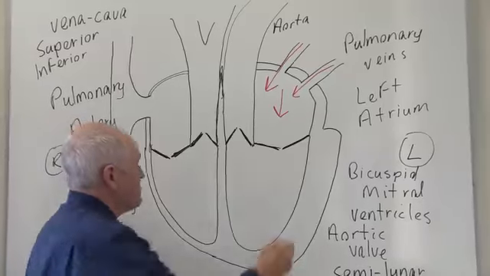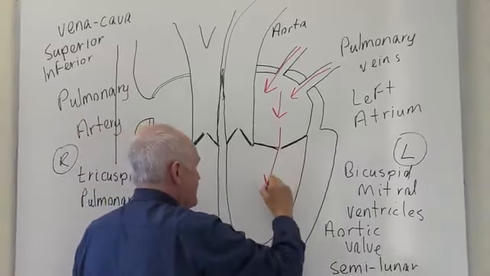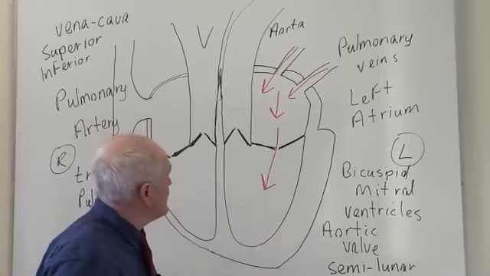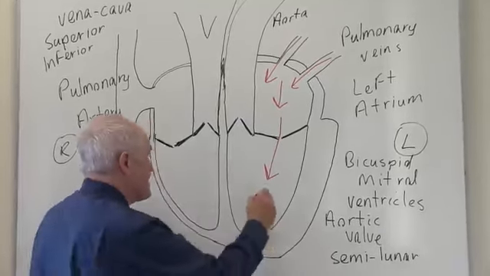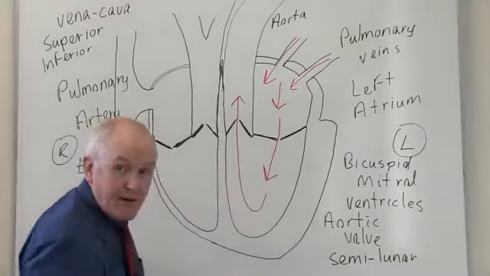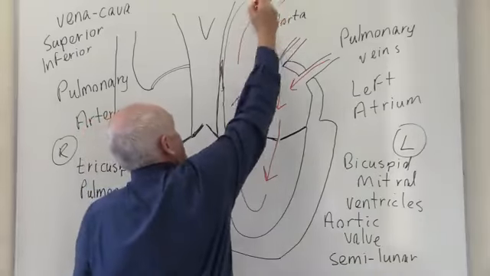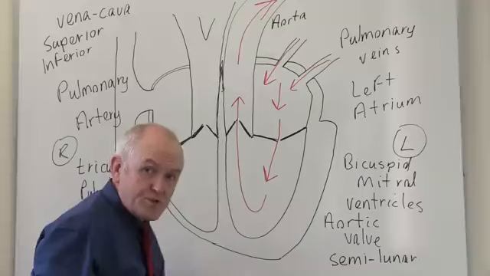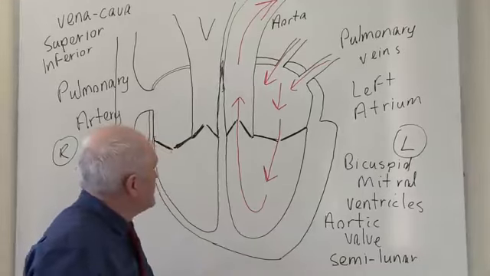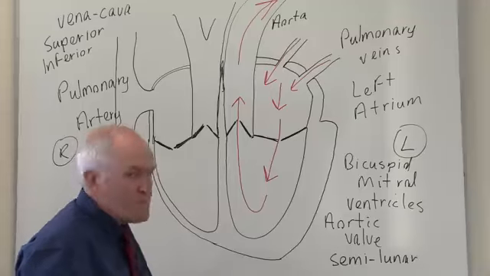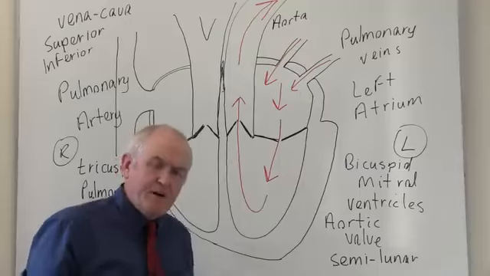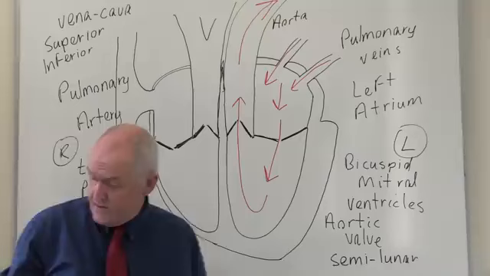From here, the blood will go through the mitral valve into the left ventricle. When the left ventricle contracts, that blood will be ejected through the aortic semilunar valve into the aorta, from there into smaller arteries, perfusing all of the systemic arterial circulation. And then as the blood goes around the tissues of the body, it's going to give up some of its oxygen, not all of it, but some of it.